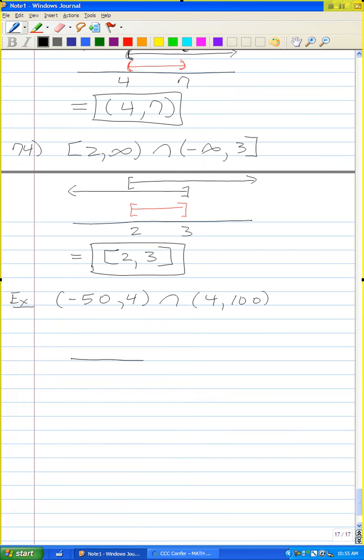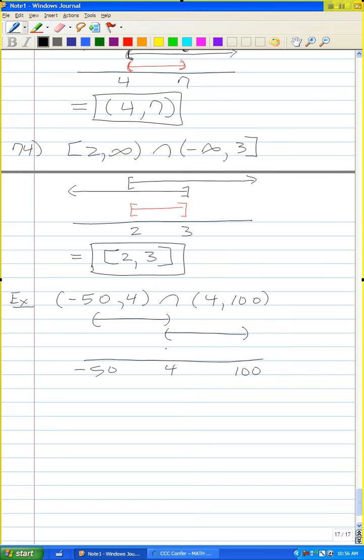So negative 50 to 4, and 4 to 100. So we'd go from negative 50 to 4, from 4 to 100. And we want to find the intersection.